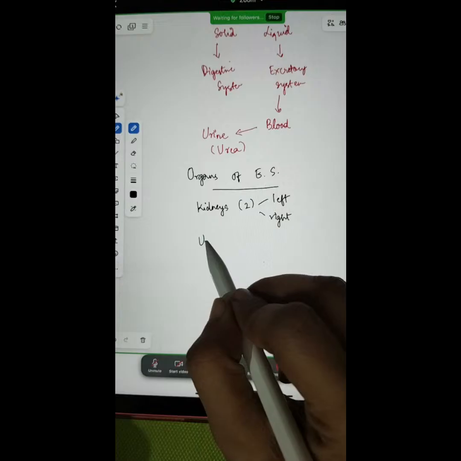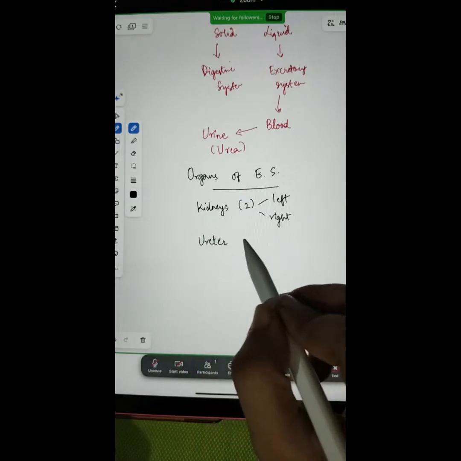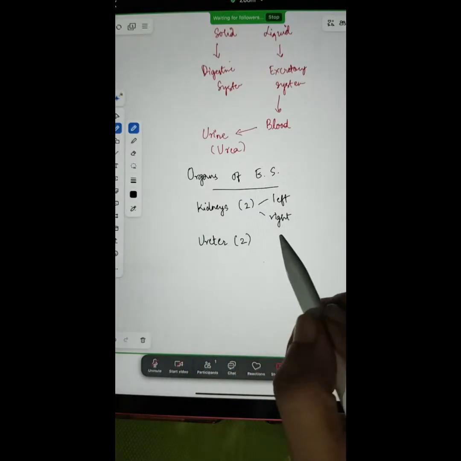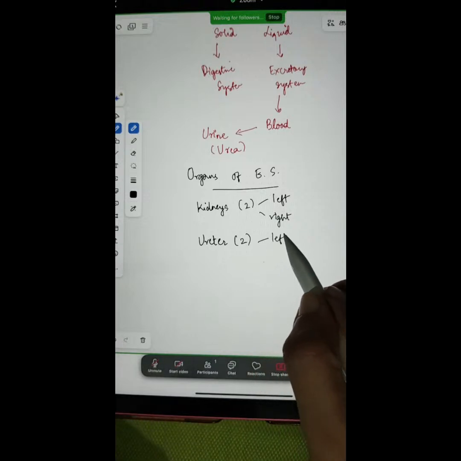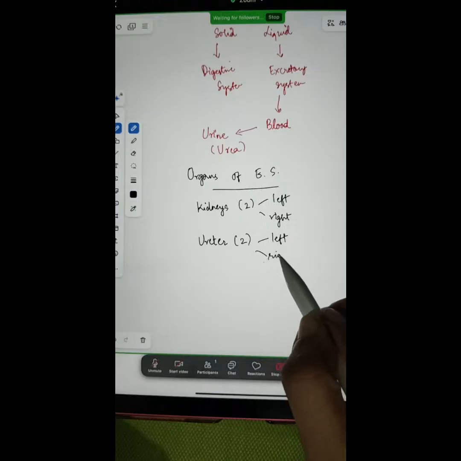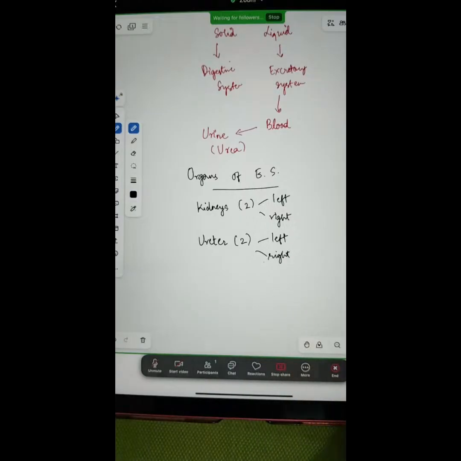Then we have a tube that emerges from the kidneys. Each kidney has one ureter. So one will be the left ureter and another would be the right ureter. The left kidney will lead to the left ureter, whereas the right kidney will lead to the right ureter.